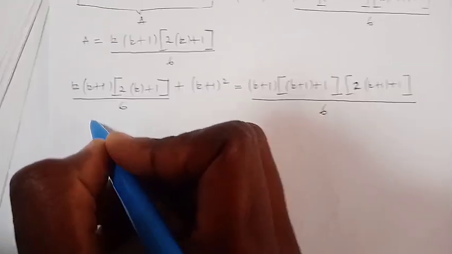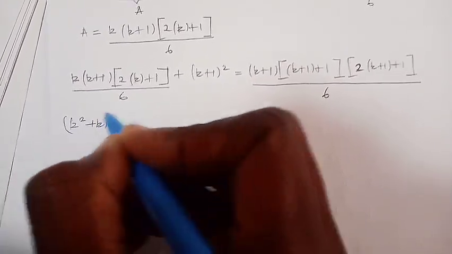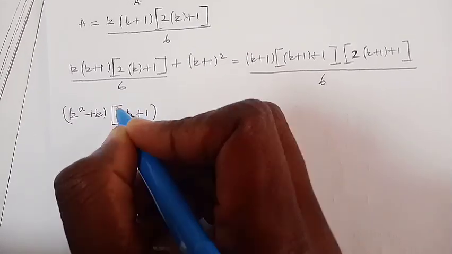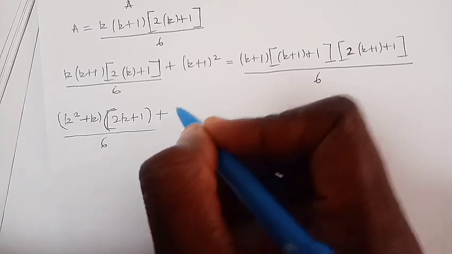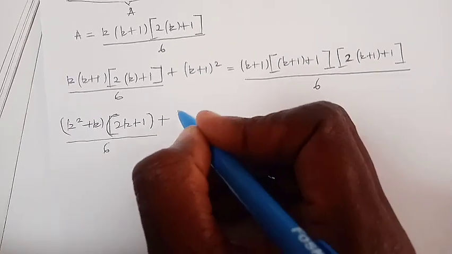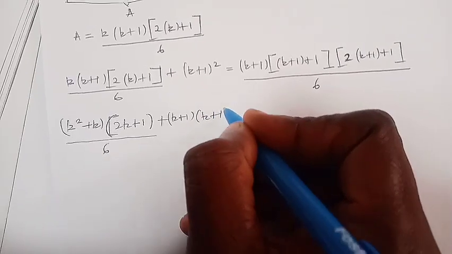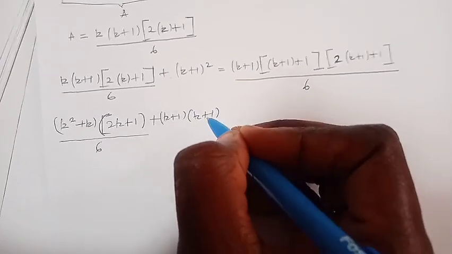So we have k squared plus k in brackets multiplied by 2k plus 1 in brackets as well, and we're going to divide all of this by 6. Then we're going to have here k plus 1, which is going to multiply k plus 1. Why? Because it has been squared, so it's the same as k plus 1 multiplied by k plus 1.